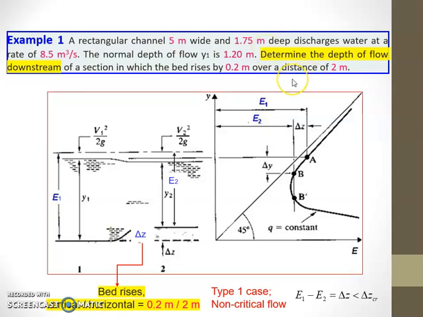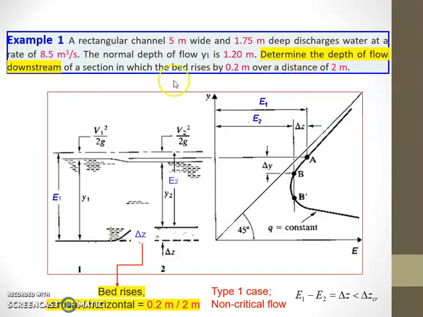For this case, this is effect of bed level, so you have to memorize that there must be a parameter at location 1 that represents your upstream part, and the condition for location 2 where the weir is.